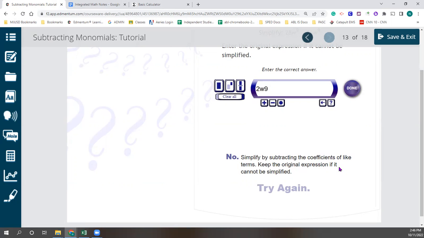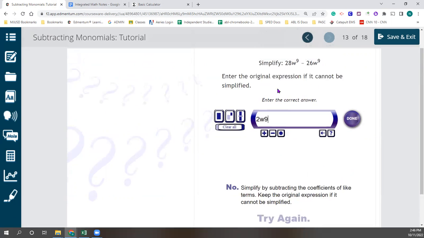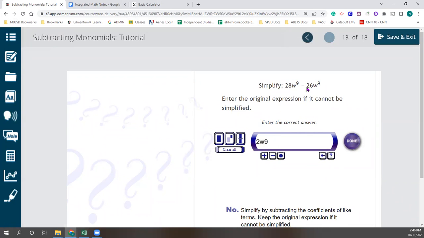Keep the original expression if it cannot be simplified. Oh, I thought I had the answer right. 28 minus 26 is 2, I have the w, but I don't have the exponent 9. So I got to fix it and put a 9. Done. Great. Correct answer. Moving on.